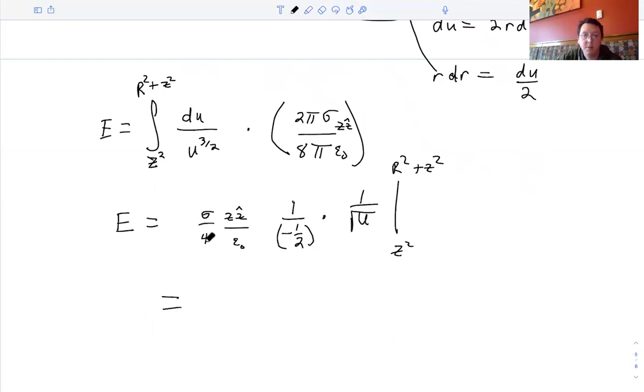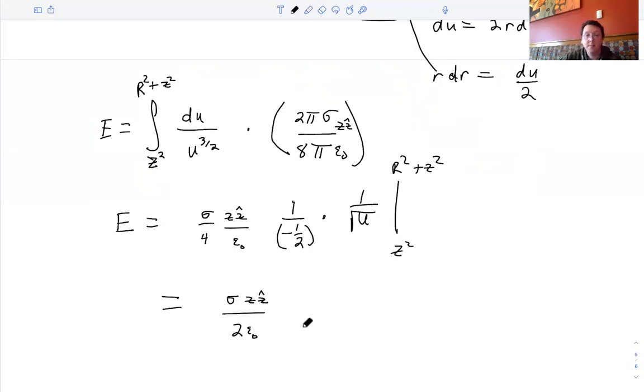Dividing by half is multiplying by 2, and the minus sign has the effect of just switching the limits of integration. So I end up with sigma z hat over 2 epsilon naught. A bit of the 4 cancels against the half.